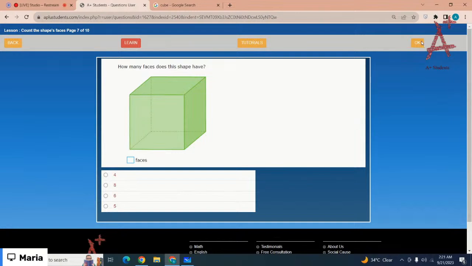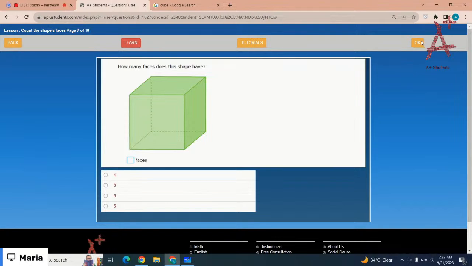How many faces does this shape have? Which is the correct option? Very good.